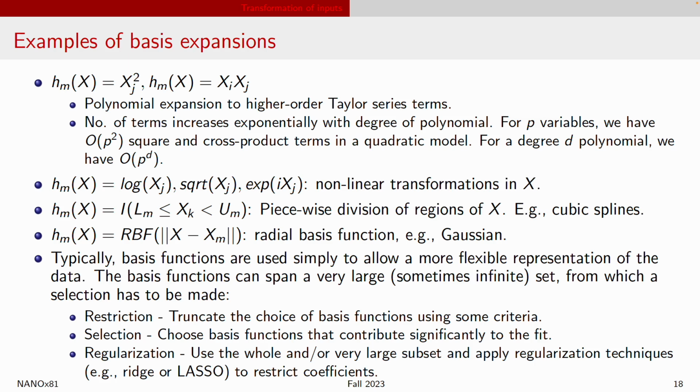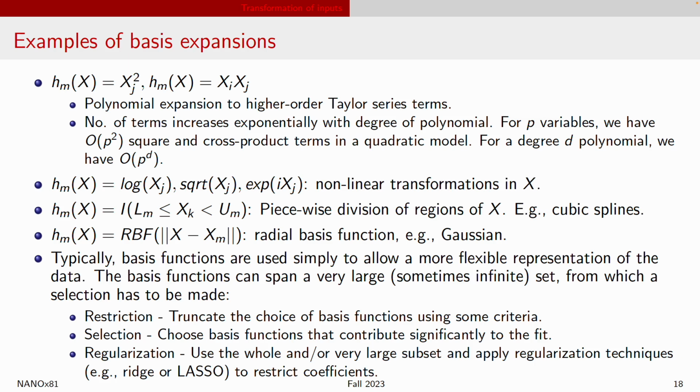So for example, you may say, well, I don't care about Gaussians above a certain wavelength, I'm going to throw them away, or I'm going to select some of the basis functions by using some shrinkage methods to find out which basis function actually contributes significantly to my relationship, and I also can do regularization, okay, which is what you have seen with your Ridge and Lasso regression, okay?